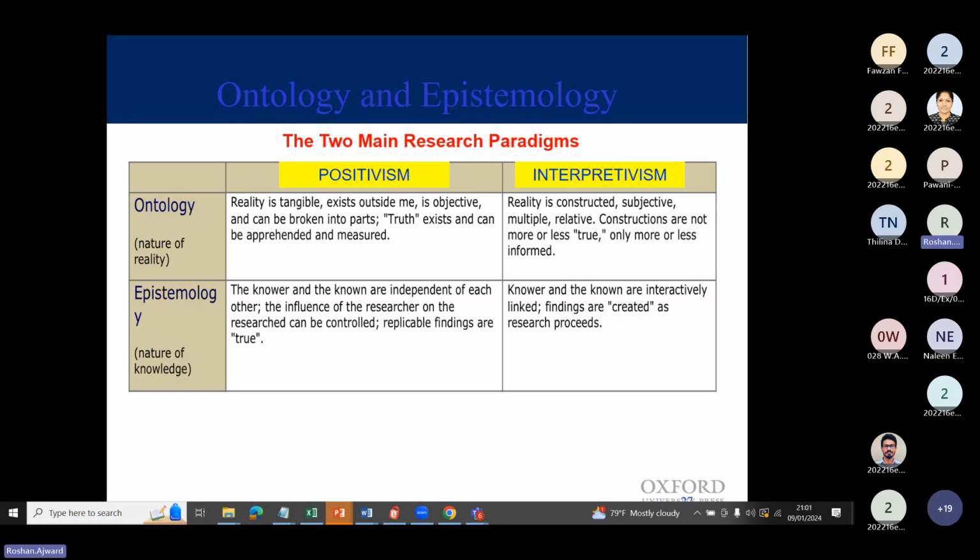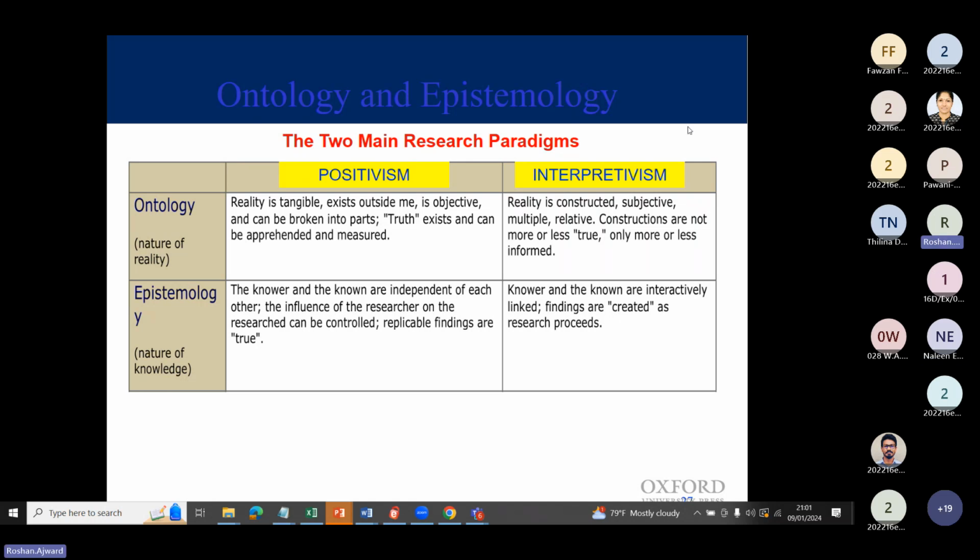Likewise, when it comes to research, just as we have different religions among us, there are 2 main classes of researchers in this world, depending on how researchers think. One is called positivistic researchers, or we can call them positivism.